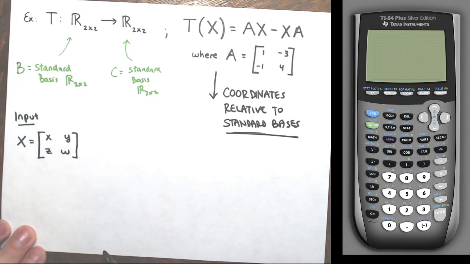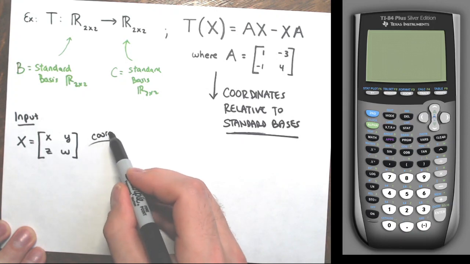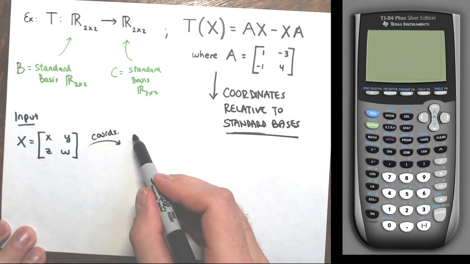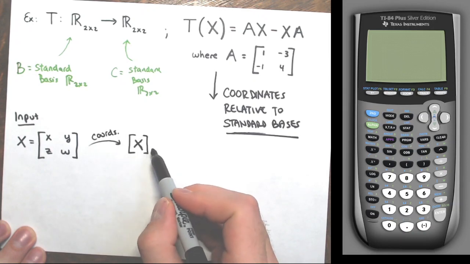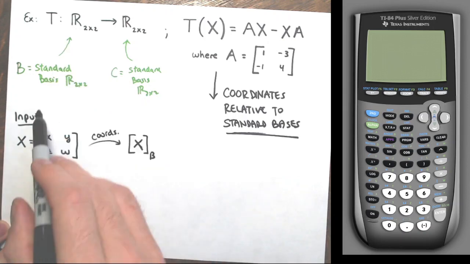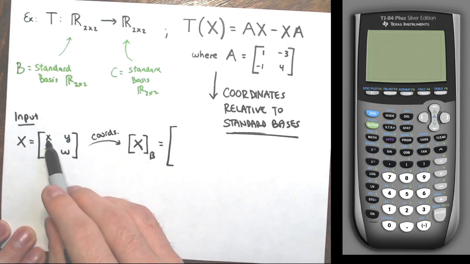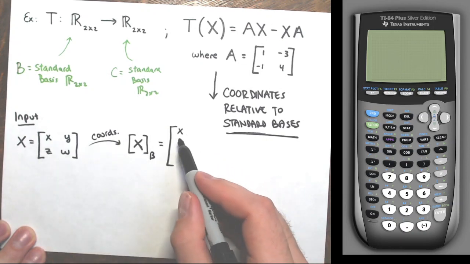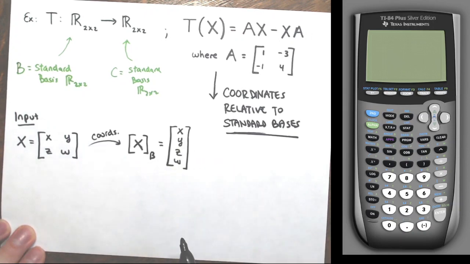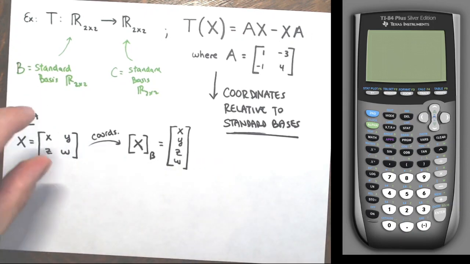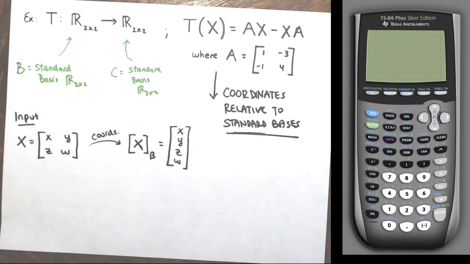Now, if I translate that to coordinates, the coordinate vector of matrix X with respect to basis B, from the input set, the domain, would be x of the first matrix, y of the second, z of the third, and w of the fourth, if I wrote them in that order with 1 0 0 0, 0 1 0 0, 0 0 1 0, and then 0 0 0 1.